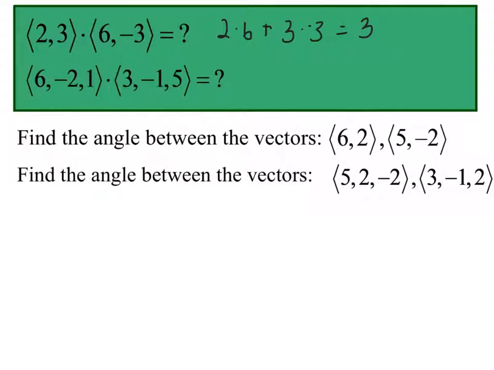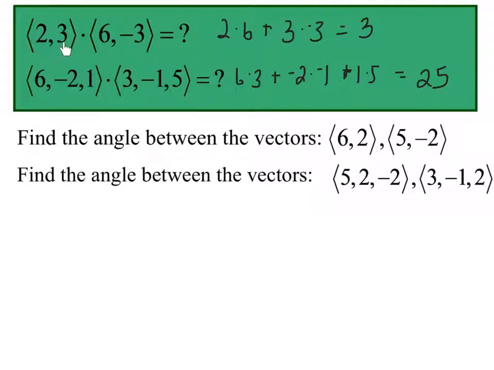Next, we've got 6 multiplied by 3 plus negative 2 multiplied by negative 1 plus 1 multiplied by 5. So we've got 18 plus 2 plus 5 for a dot product of 25.